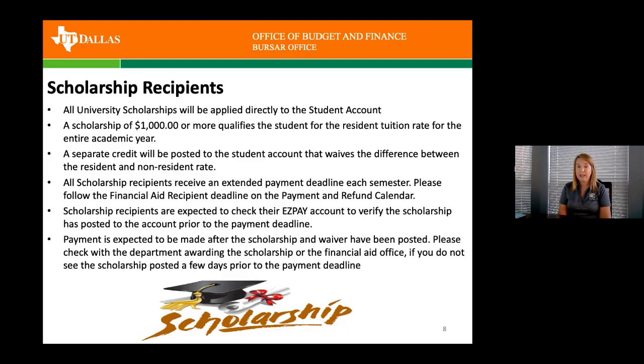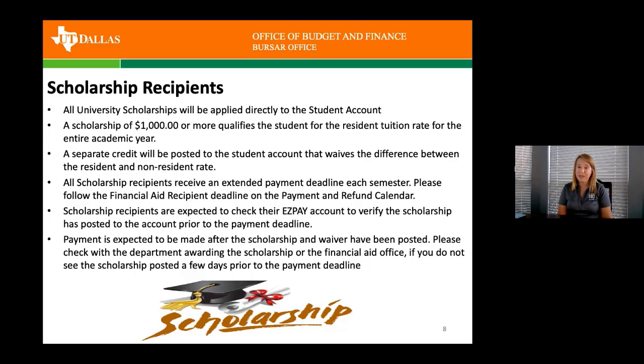And I'll go over what that deadline is here in just a few minutes. And of course, like I mentioned, scholarship recipients are expected to verify that their waiver is on, verify that their scholarships have been posted, because we're going to allow you to pay once those are on your account.